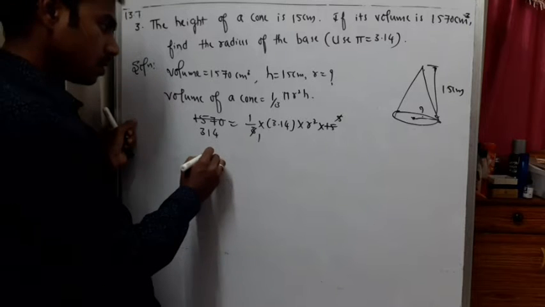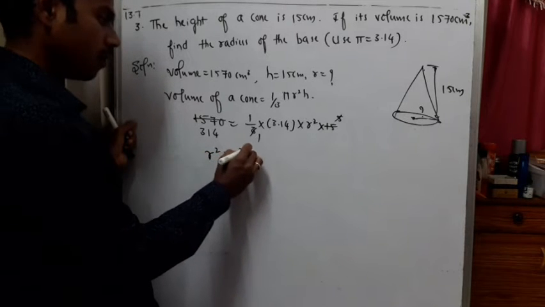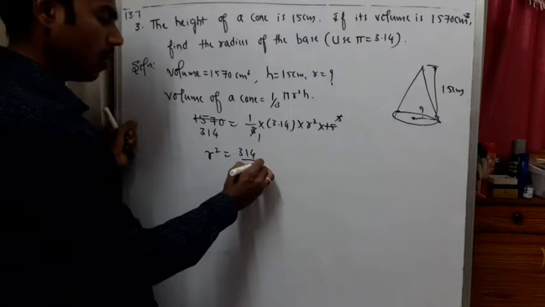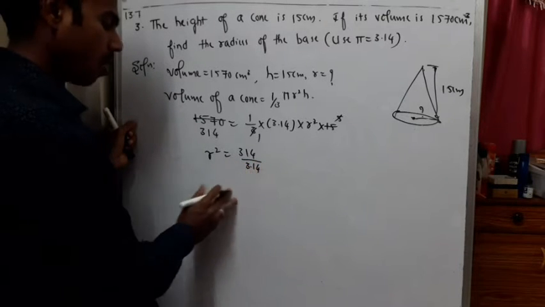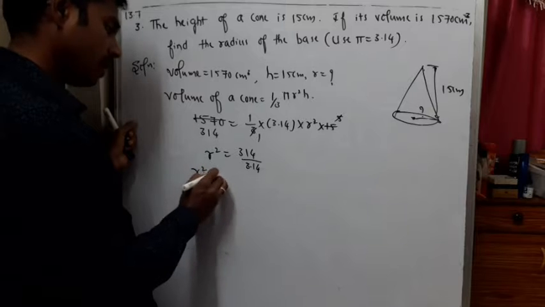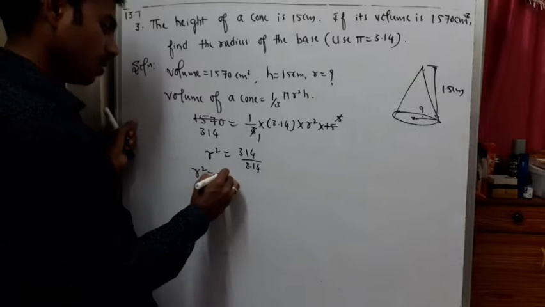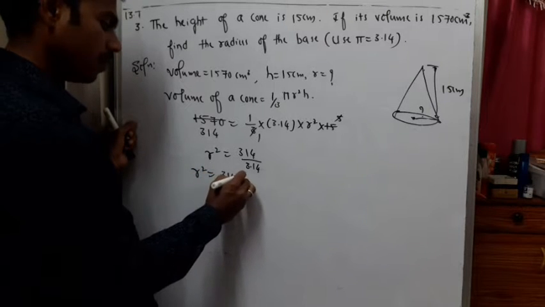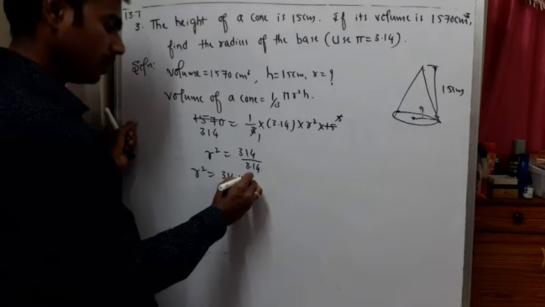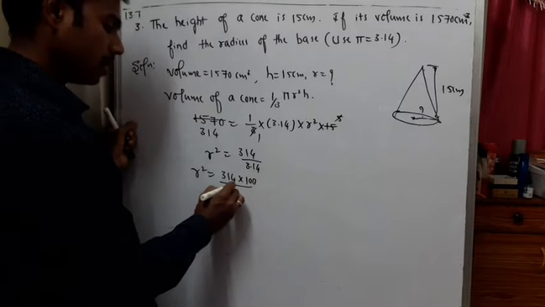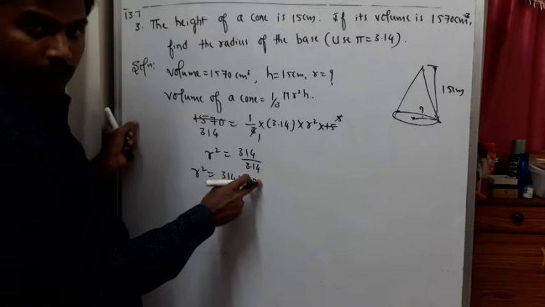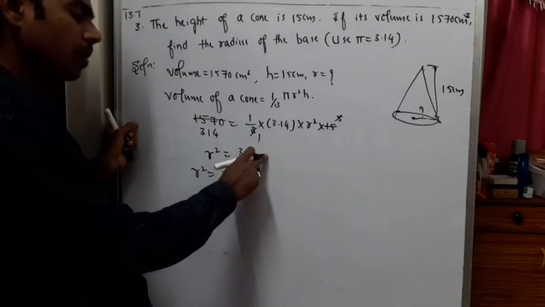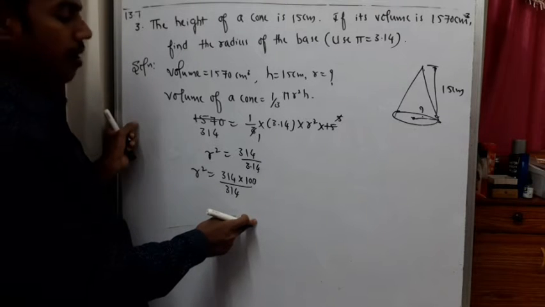Now r square is equal to 1570 divided by 3.14, or else r square can be written as 314 into 100 divided by 314. Because if I want to remove the decimal in the denominator, I need to multiply numerator and denominator by 100.